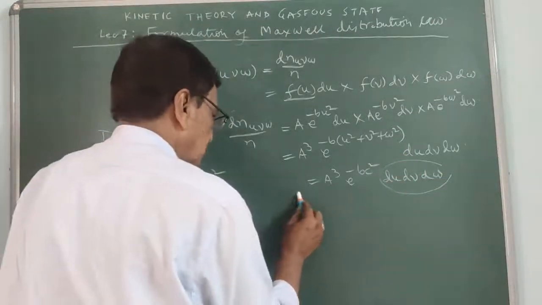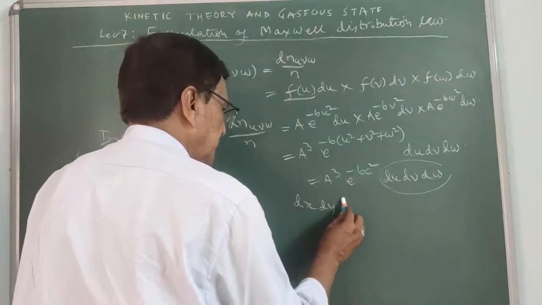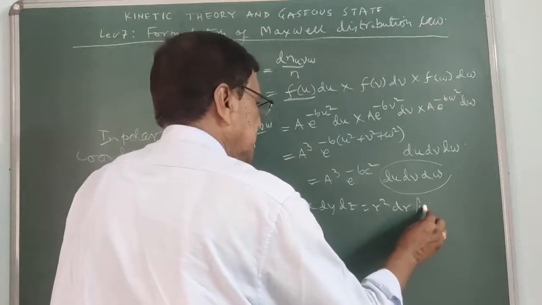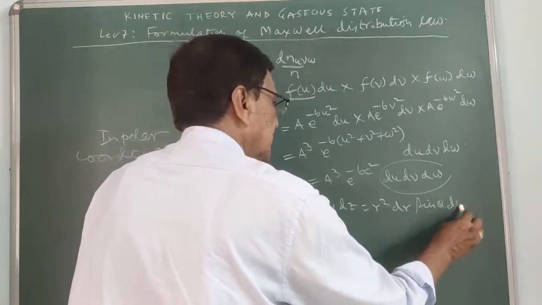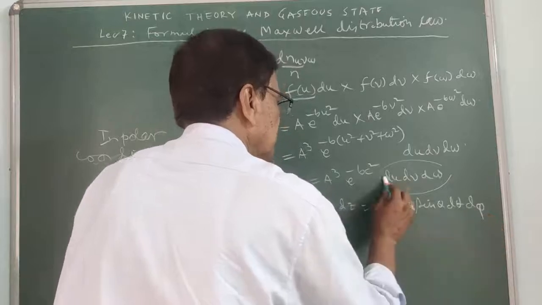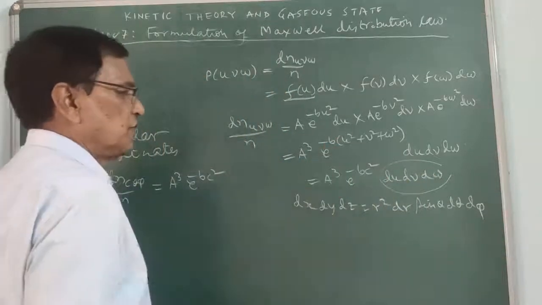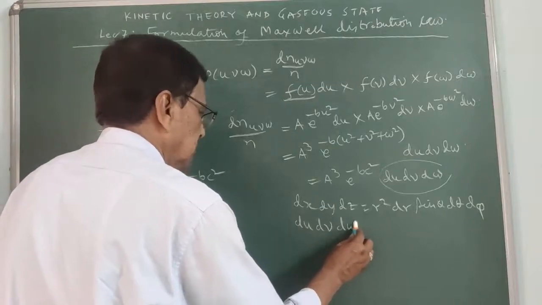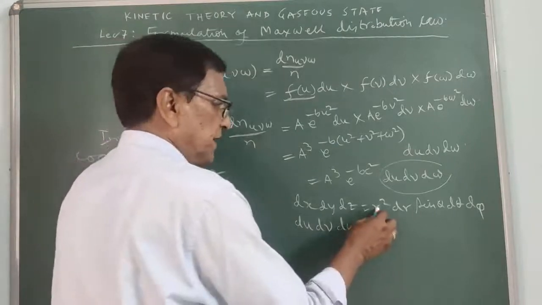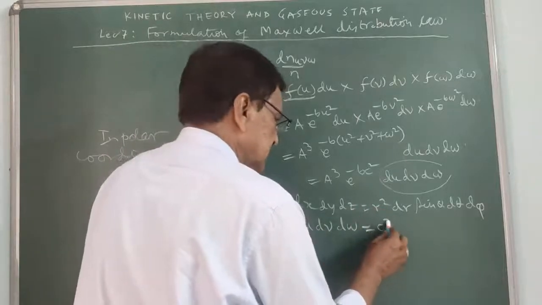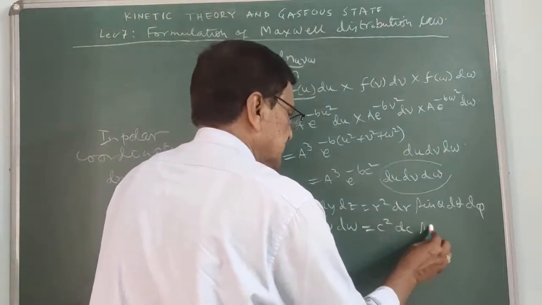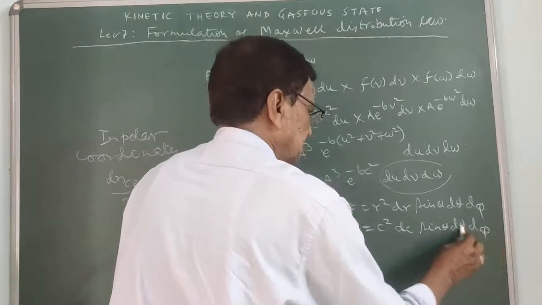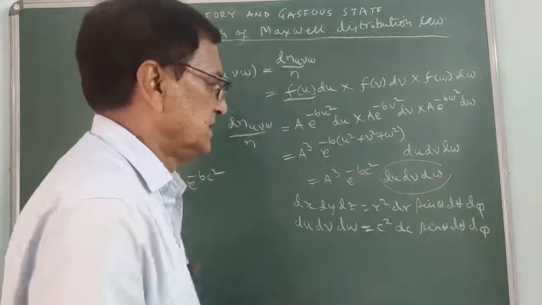You know dx dy dz equals r squared dr sine theta d theta d phi. So in the case of velocities, du dv dw equals, instead of radial distance, c square dc sine theta d theta d phi. Theta is the zenith angle, phi is the azimuthal angle.